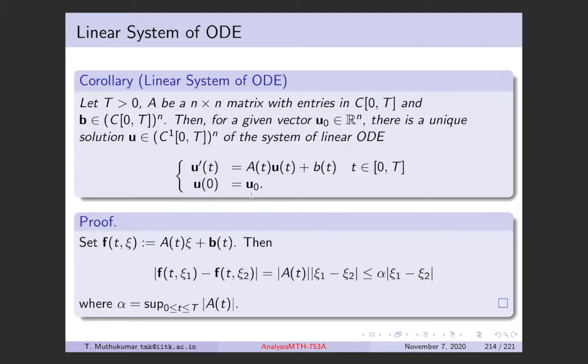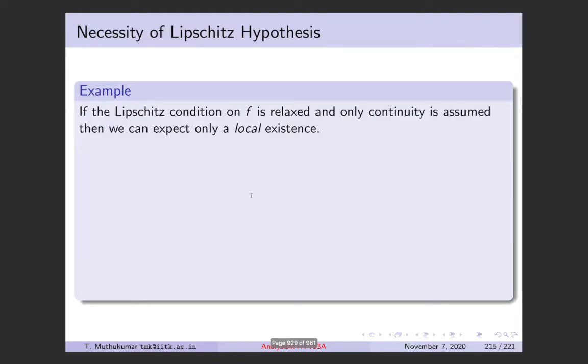Okay, now the question is, everything is fine, it's well and good, we have shown the existence, but can we relax this condition, the Lipschitz condition that we had on f? Because it means that we have an existence for a restricted class.